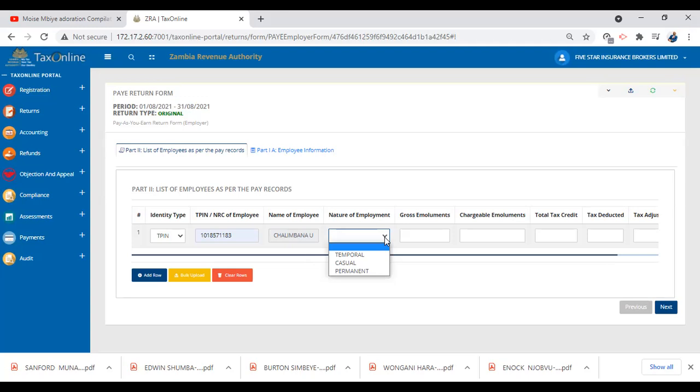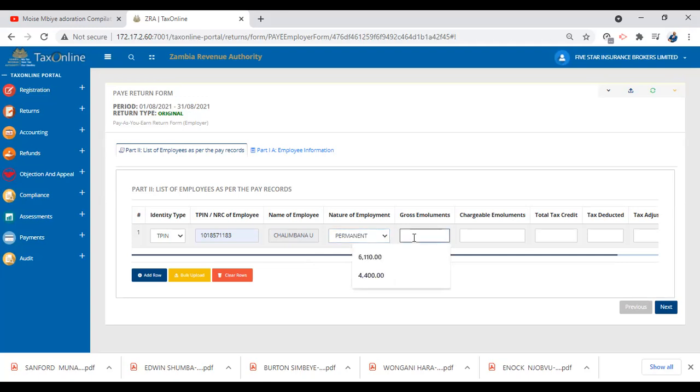As long as you have employees, whether permanent, casual, or temporal, in a month that you are paying, you must withhold the PAYE and submit it. So in this case, we can just say permanent.